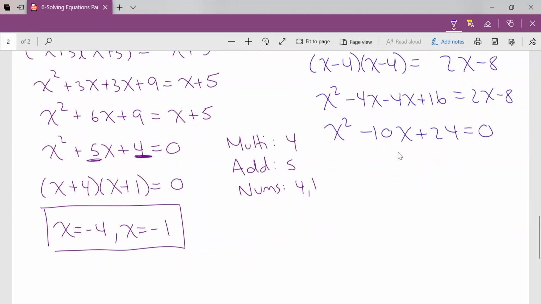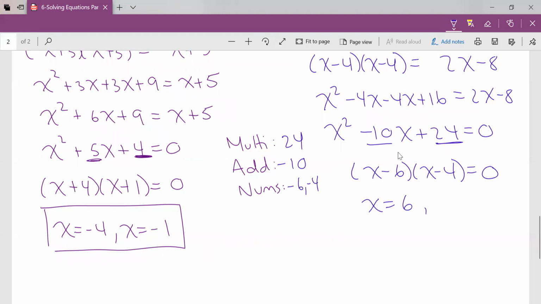Okay, now we're going to factor this thing. So what we're going to say is we need two numbers that multiply to 24, add to negative 10. Okay, so those two numbers then are negative 6 and negative 4. So our binomial is x minus 6, x minus 4 is equal to 0. And solving then, it's x is equal to 6, x is equal to 4.